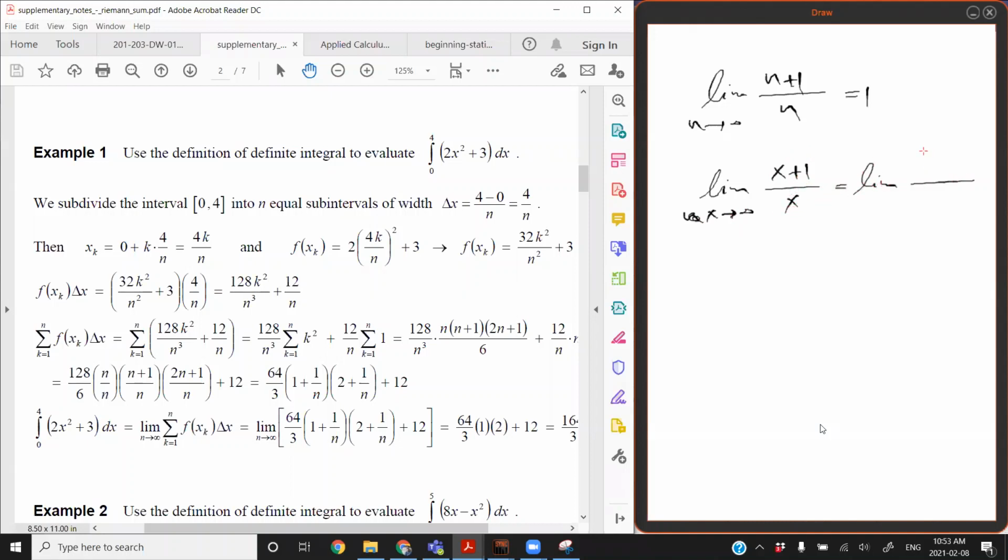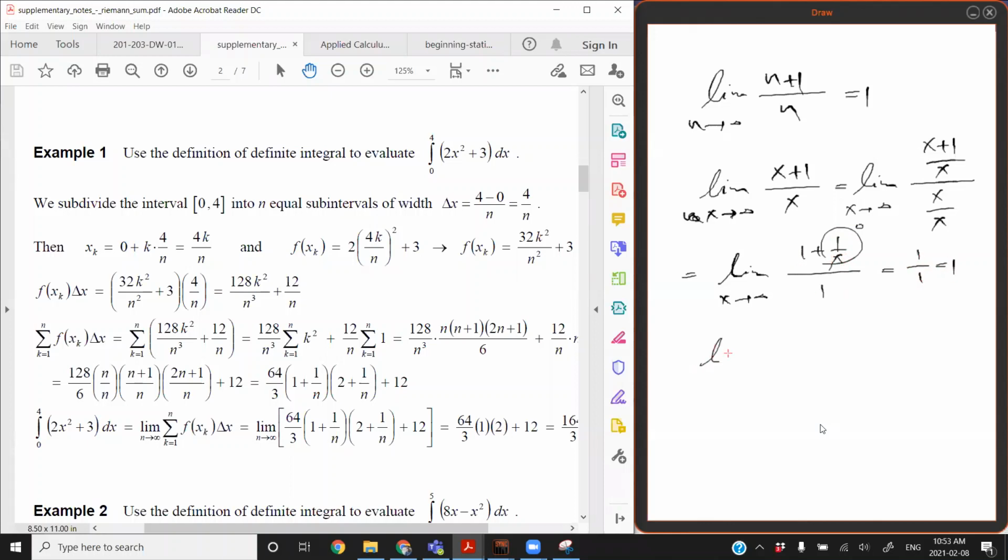This is going to be limit of x plus 1 over x over x over x. As x approaches infinity, this is going to be limit of 1 plus 1 over x over 1 as x approaches infinity. So this part here, as x approaches infinity, is going to be 0. Because the numerator 1 is a constant and the denominator goes to infinity, so the whole thing is going to decrease to 0. So you get 1 over 1, which is 1.